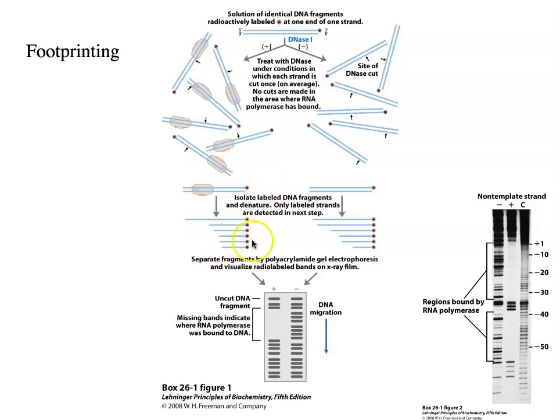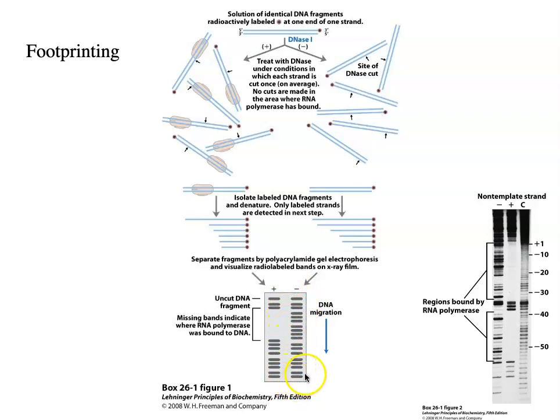Then we add endonucleases to these samples, usually 1 or 2, and these endonucleases will start cutting everywhere they can bind within the DNA, everywhere there is a site that they recognize. And then each sample is resolved via DNA electrophoresis.